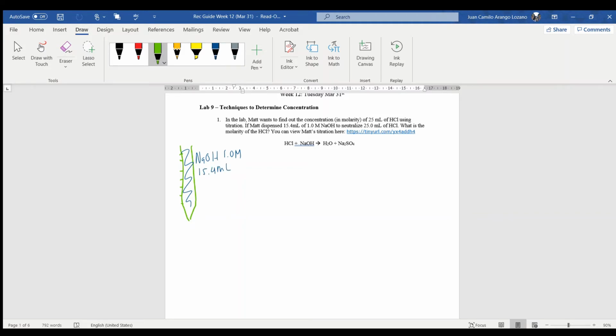Now I am transferring that volume to my hydrochloric acid solution plus the indicator, remember, and they are telling me that I have here 25 mL of that HCl, and that's the basic information they are telling me.